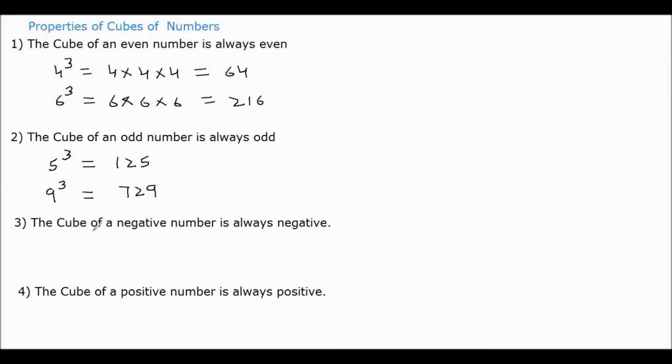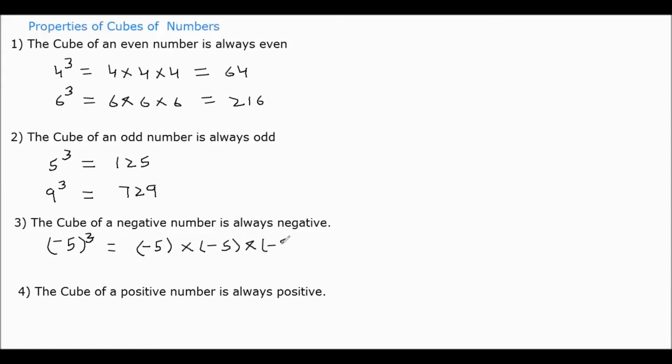Now the third is the cube of a negative number is always negative. Now if I find the cube of -5, this is very important to understand. If I find the cube of -5, then I'll multiply -5 three times: -5 into -5 into -5.